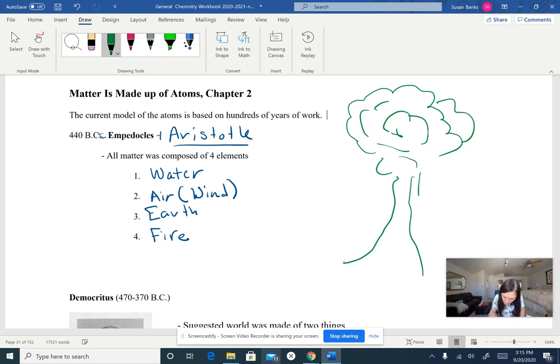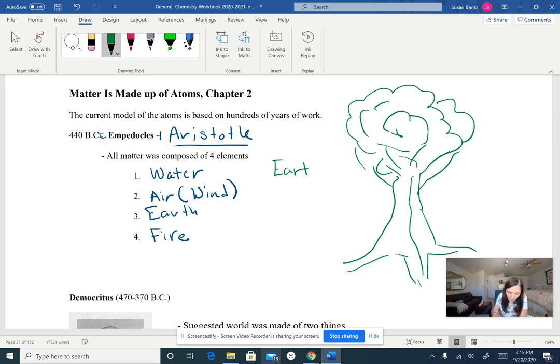And when you have trees growing, it's pretty easy to see that in order for a tree to live, you've got to have a couple of things. In order for a tree to live, you've got to have earth or dirt for that tree to be planted in. And if that tree does not get enough water, that tree dies.